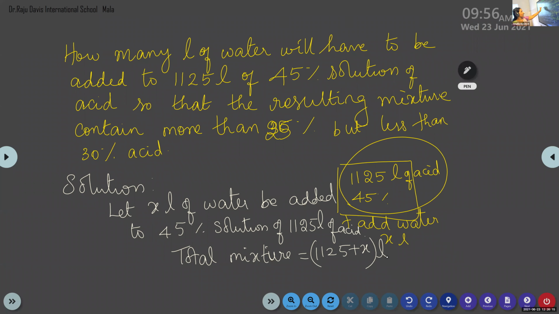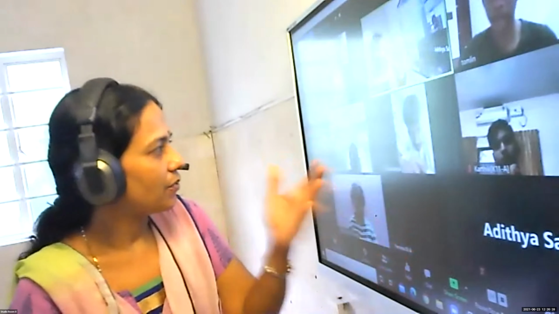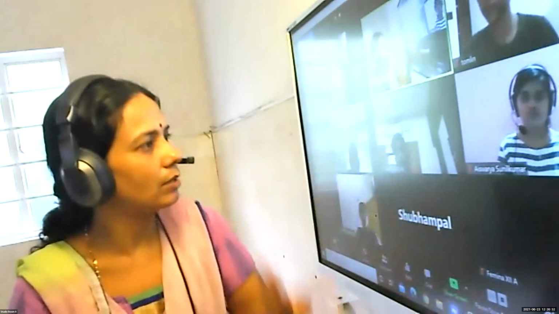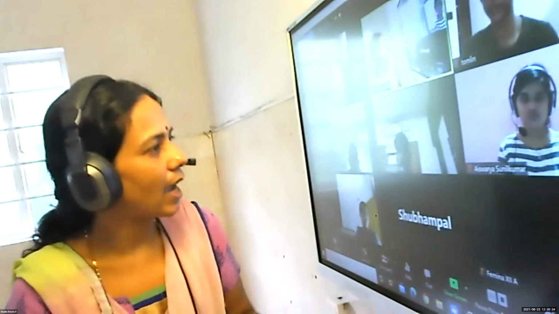Here we have 1125 liters of acid. With the acid, we are adding X liters of water. Suppose I am having 50 liters of acid. With the 50 liters, if I add 10 liters of water, what will be the total quantity I will be having?